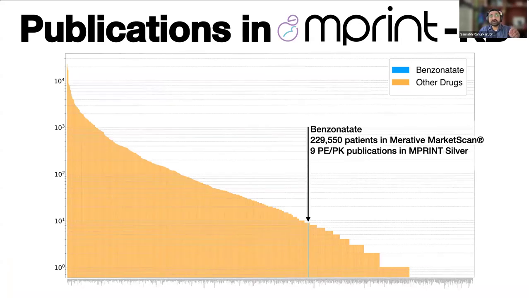One thing I do want to point out is that the y-axis, which is the number of pediatric publications in MPRINT, is on a log scale, which means every marker increases the number of studies by a factor of 10. So on the extreme left, we have drugs that are heavily studied with almost 10,000 studies. And on the extreme right, we have drugs which are rarely studied at all. With benzonatate, we see that mismatch with wide real-world use but little evidence. And this is exactly the kind of gap our framework is trying to flag.